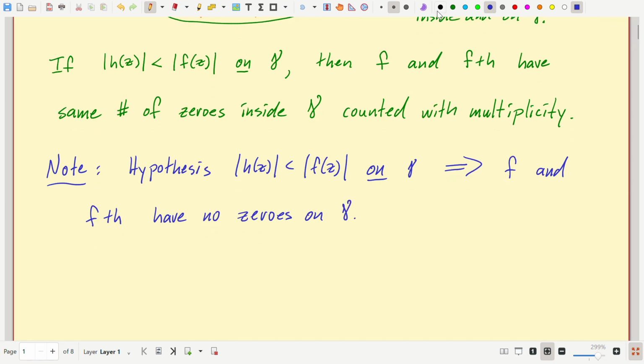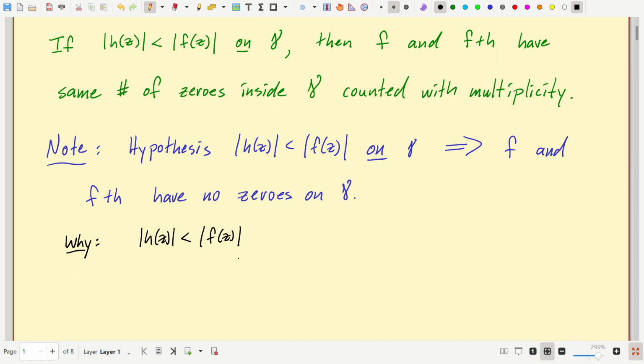Let's think about it for a second. Why? Well, let's see. That inequality, modulus of h of z less than modulus of f of z, that means that f is strictly not zero. It's bigger than h, whatever that is, and it's strictly bigger.